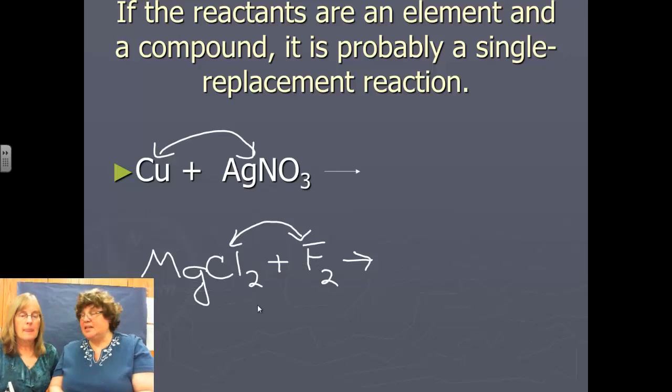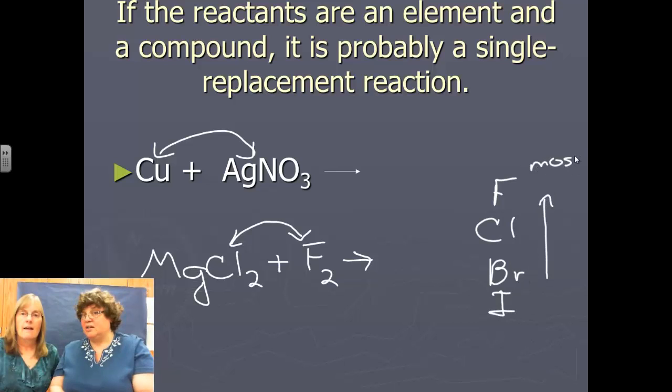Now, the nice thing about the halogen series is that the halogen activity series goes in the same order as the halogens on the periodic table. So fluorine is the most reactive, then chlorine, then bromine, and then iodine. All you have to do is look at the periodic table, and there's your activity series for the halogens.